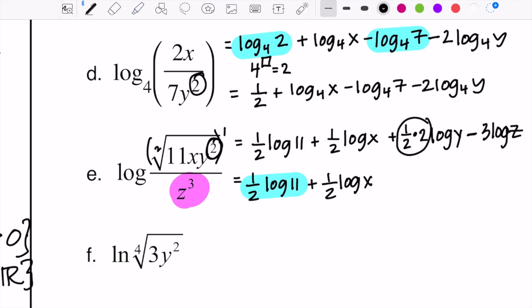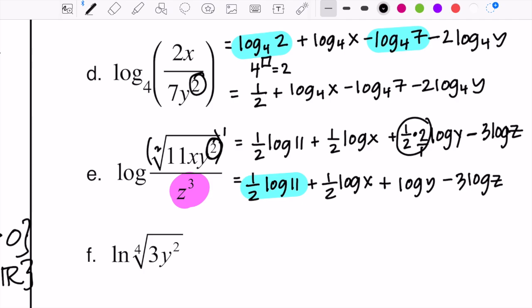This right here, some students still have a hard time with that. 1/2 times 2. This is really just going to say what's half of 2, which is 1. So this just simplifies to log of y minus 3 log z.